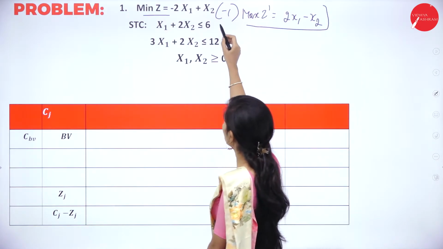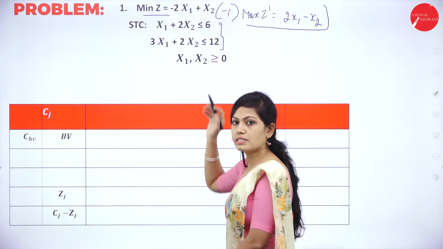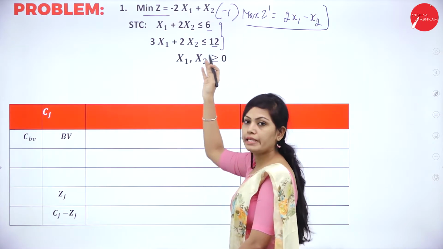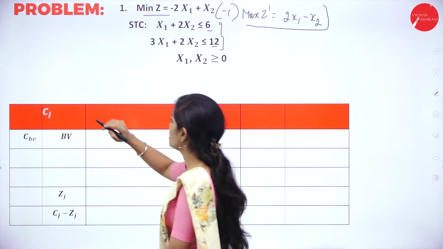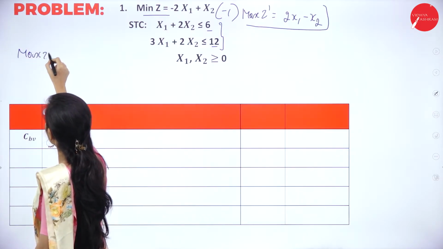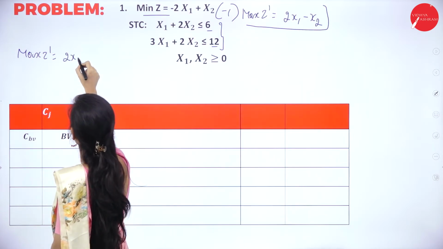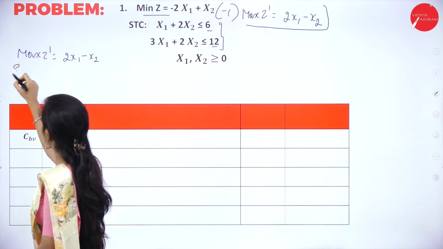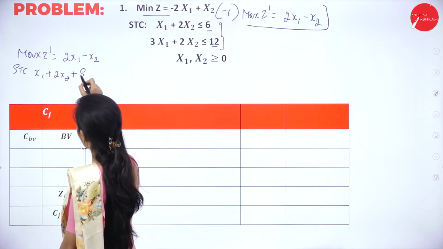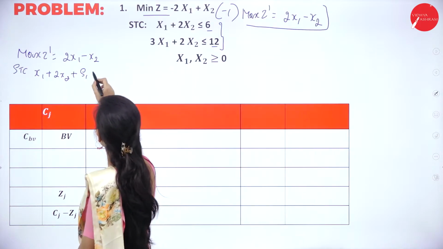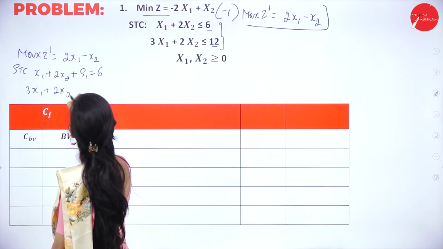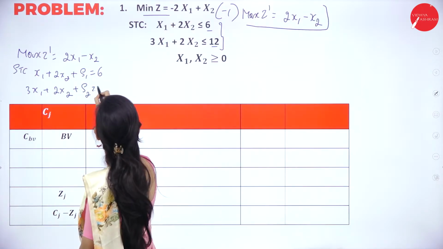Here we have two constraints, less than or equal to and less than or equal to only, and RHS also positive only. So we can convert this inequality into equality by adding the slack variable. First, I will write the objective function max z dash is equal to 2x1 minus x2, subject to constraints x1 plus 2x2 plus s1, I am adding the slack variable, is equal to 6, and 3x1 plus 2x2 plus s2 is equal to 12.